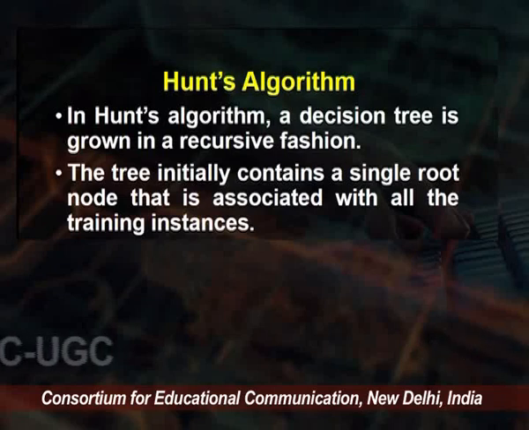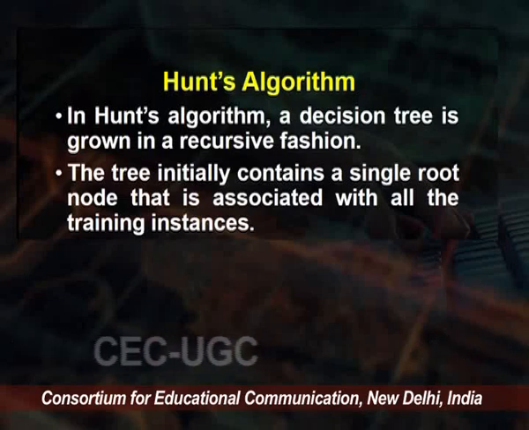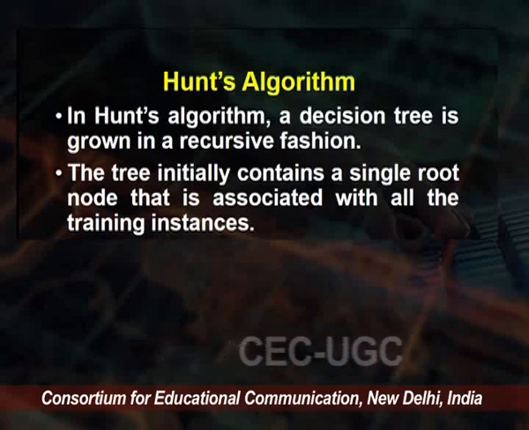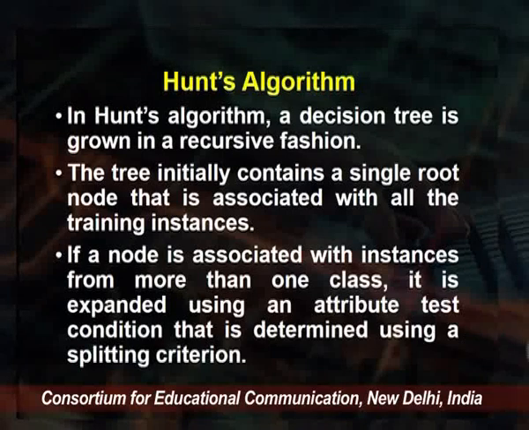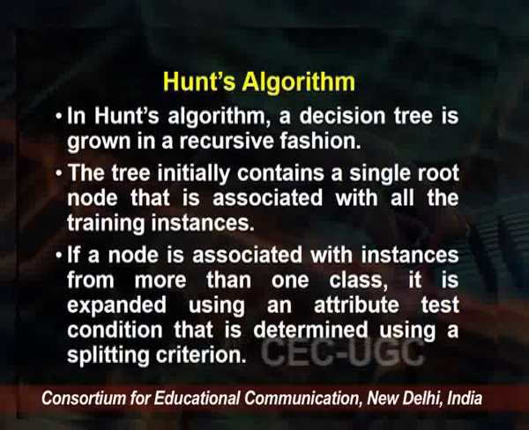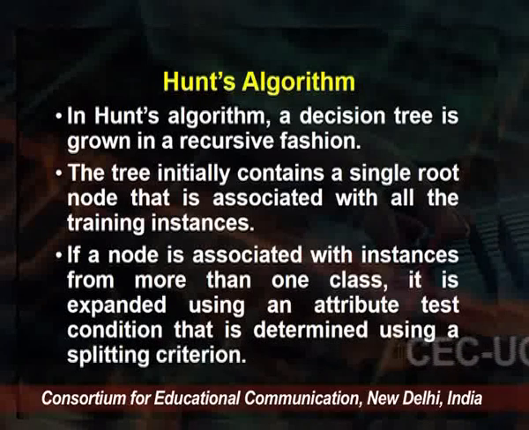So every instance will have an outcome at the root node, whether it will be yes or no, right. If a node is associated with instances from more than one class, then it is expanded using an attribute test condition that is determined using a splitting criterion.